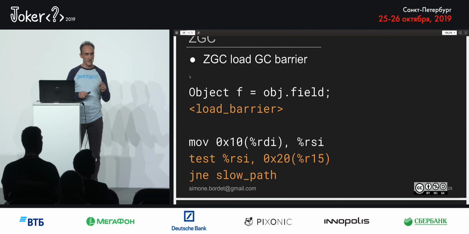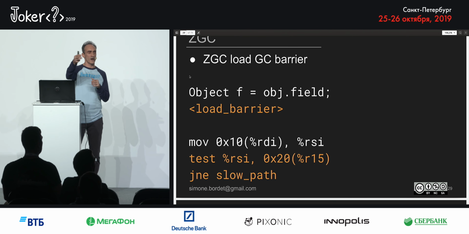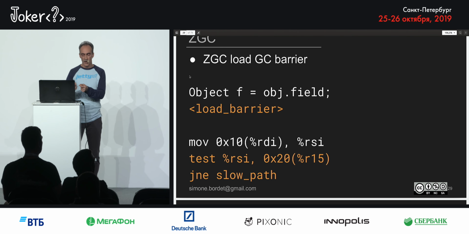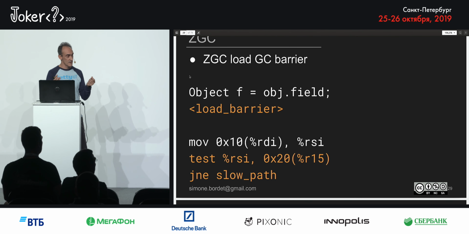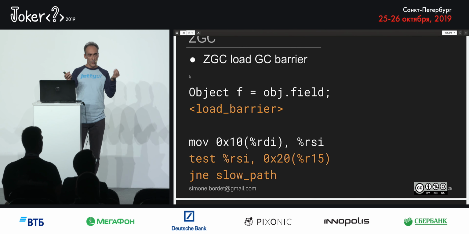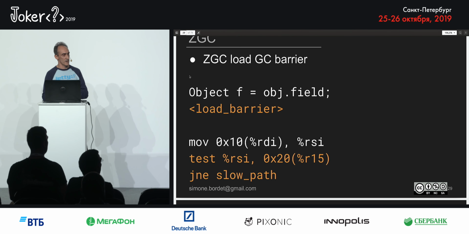The R15 register contains some thread local metadata related to the garbage collector, and I just move 32 bytes forward in that particular data structure, where I have the bad color, right? And I load that. And I want to test the RSI register that contains the reference, the pointer to the field, with the bad color, all right? If it's not good, it's a wrong color, I want to jump to a slow path, okay?